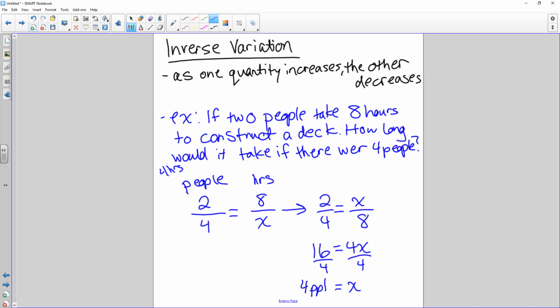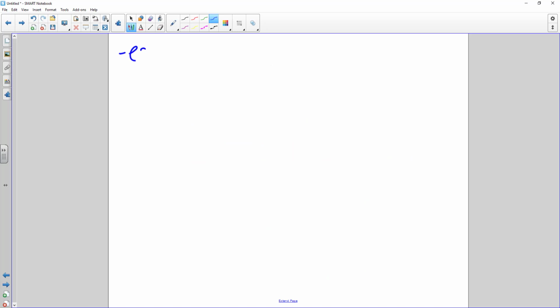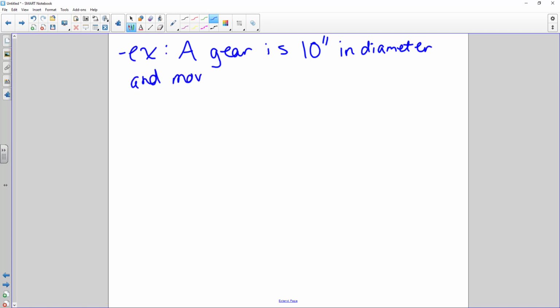Okay, how about this one? So for this one, a gear is 10 inches in diameter and moves, let's say right now it's moving 350 RPMs, revolutions per minute.